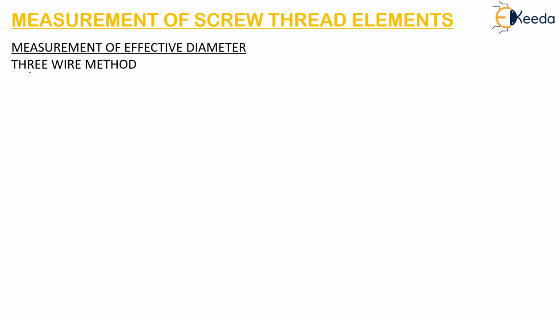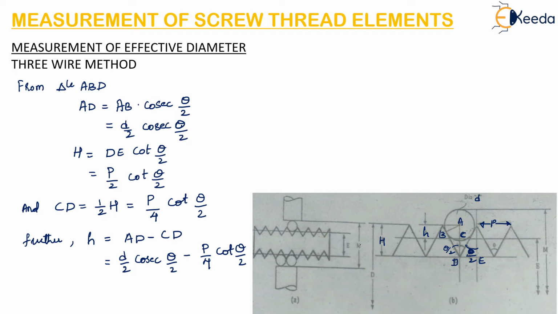The distance over the wires, that is denoted by M, can be written as E plus 2h plus 2r. So this capital M can be written as E plus 2 into this h value plus 2 into the small r value, that is the radius of this wire.